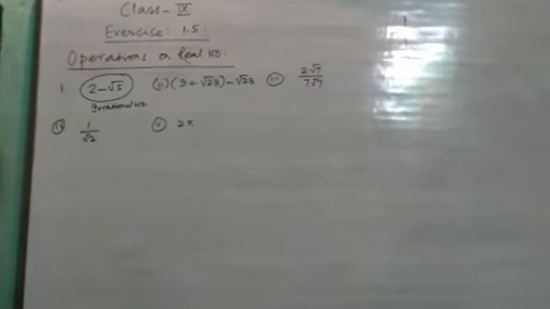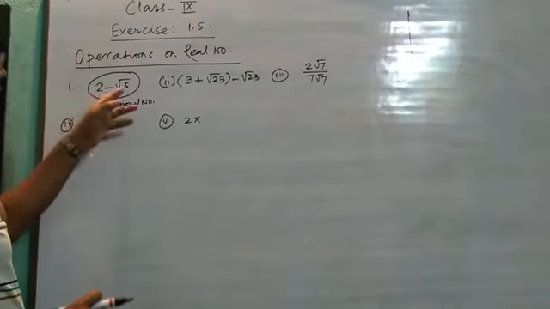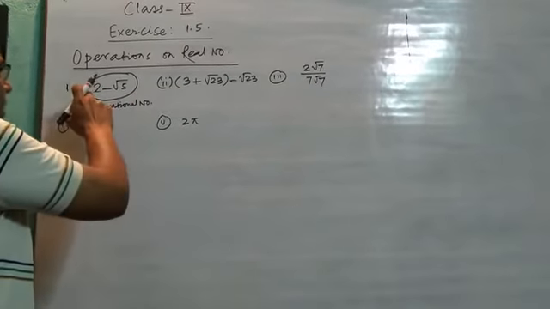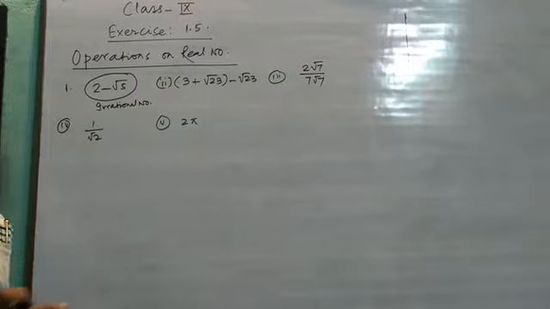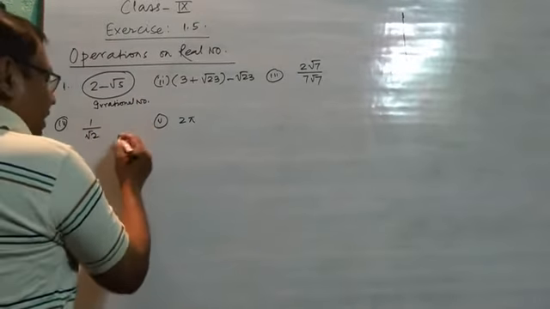The reason is very clear to you. It is a difference between a rational and an irrational number. If you can give this reason, you will write this reason.